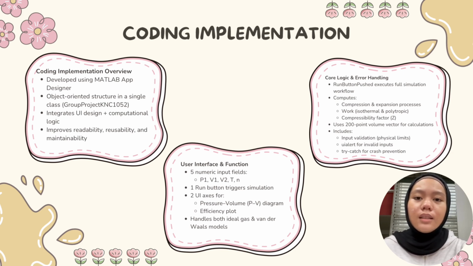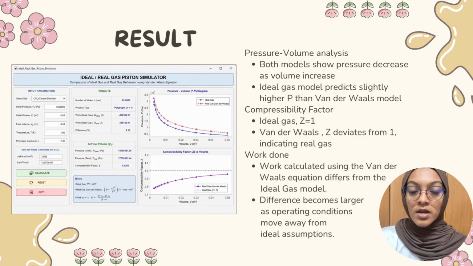If an error is detected, the simulation stops and an alert message is shown. After validation, the program calculates pressure changes across multiple volume points, computes the work done during the process, and determines the compressibility factor. Finally, the results and graph are displayed to the user. To improve reliability, the program also uses error handling through a try-catch block, preventing crashes and ensuring a smoother user experience. Now I will present the results of our simulation.